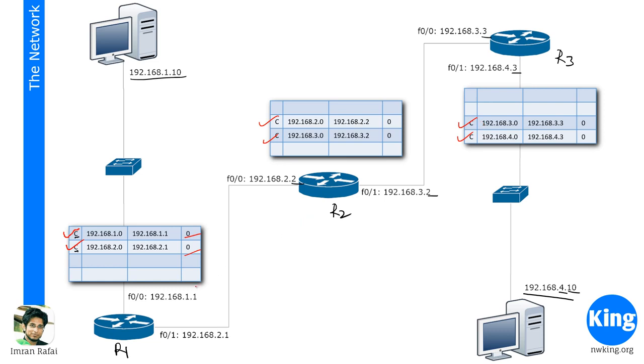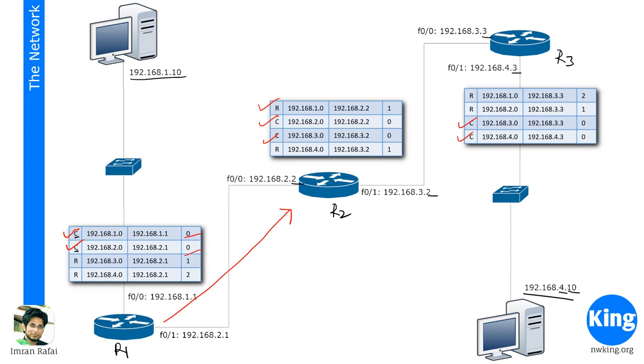When the routing update goes from router 1 to router 2, what does it send? It sends an update about 192.168.1.0 and 192.168.2.0. Since router 2 already knows about 2.0, it is only going to take the update of 1.0 and populate it here. So it says 192.168.1.0 is accessible through 192.168.2.2, or the FastEthernet 0/0 interface, with a hop count of 1.